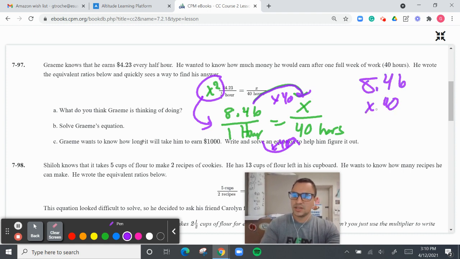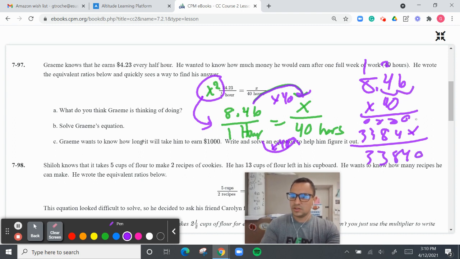8.46 times 40, zeros all the way across. 24, 16, 18, 8, 8, 16, 24, 32, 33. That's my answer. Give me 1 second, let me pause real quick.